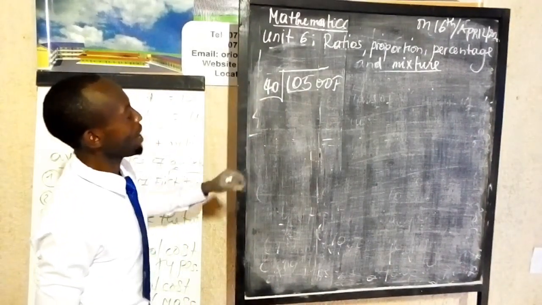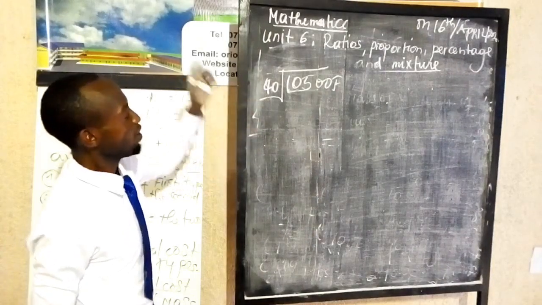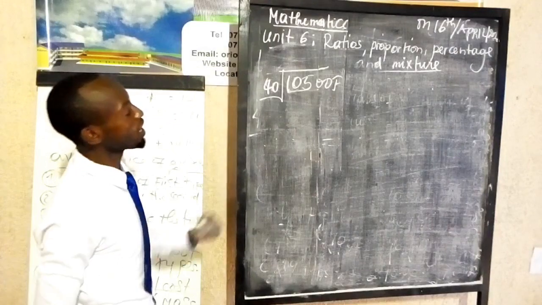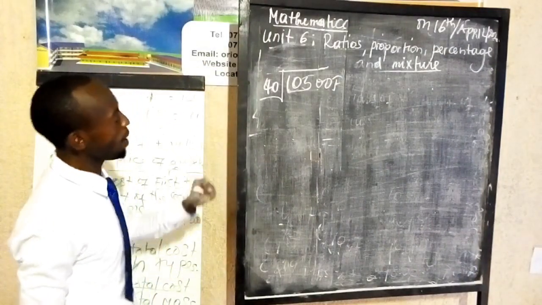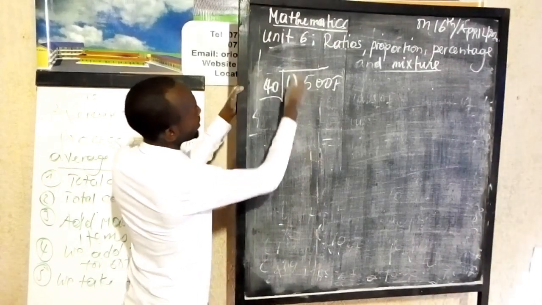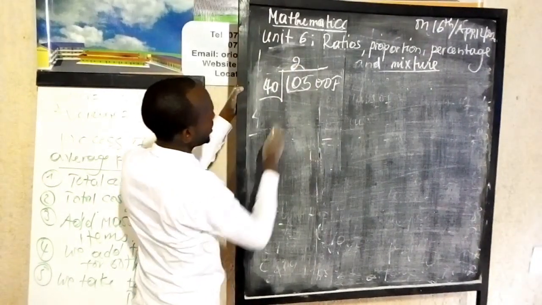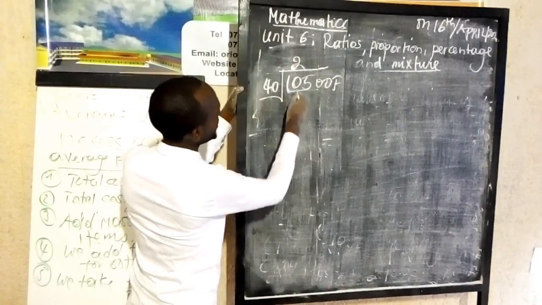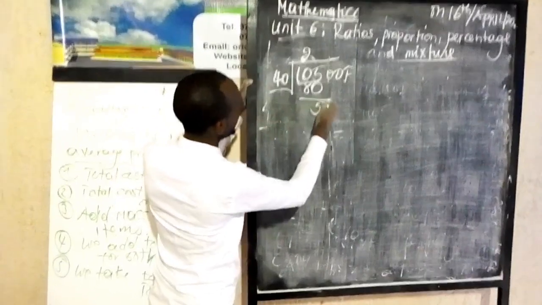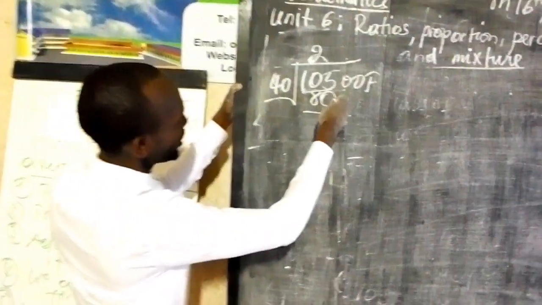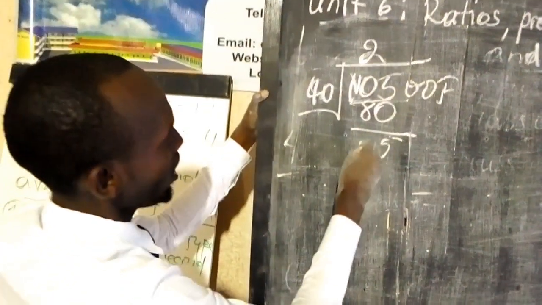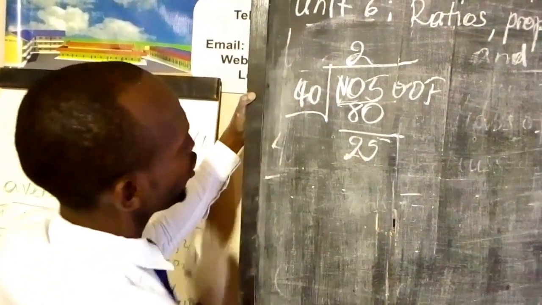There you get the multiplication of 40. 40 times 2 is equal to 80, and 40 times 3 we get 120. So the number which is nearby 105 is 80. We put here up 2. 2 times 40, I get 80. Subtract, I get 5. 5 minus 0, we get 5. Then 0 minus 8 is impossible. There you get 10. Down I get 2.